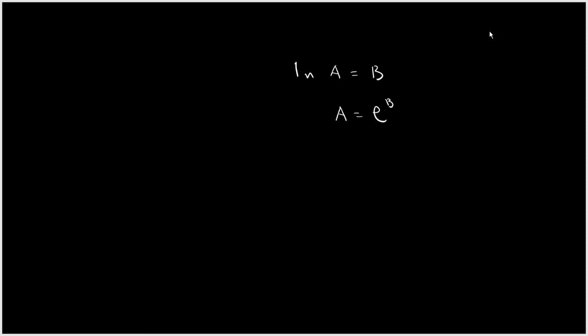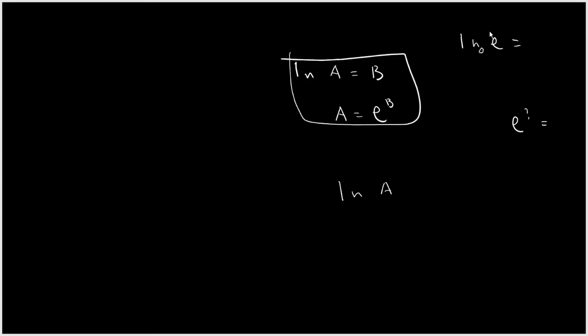Do you want to recall how to compute natural log of a? Let's say natural log of e. To compute that, you think: the base e to what power is equal to e? I'm trying to say these two equations are equivalent, are the same.